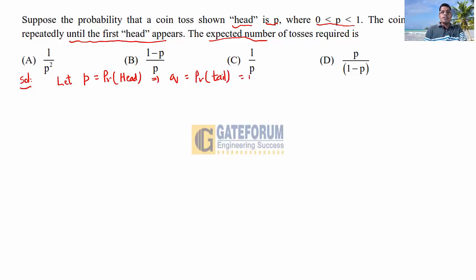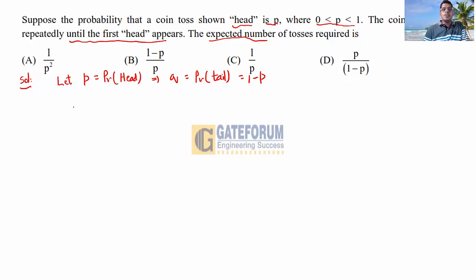It is nothing but 1 minus p, because probability of head plus probability of tail is equal to 1, in a single toss of a coin, biased or unbiased, whatever it may be. Okay, that is probability of success plus probability of failure is equal to 1. P of A plus P of A dash is equal to 1. Where A is an event taking that the outcome head happened, A dash is an event of getting the outcome tail.